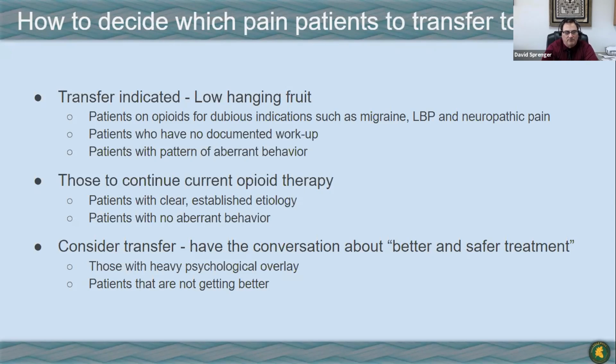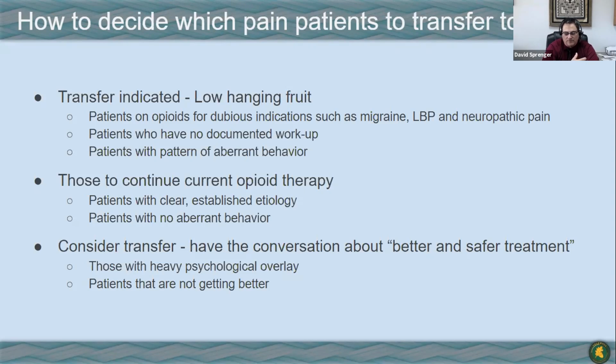Those people, you might want to put off to the side, and maybe just continue their opioid therapy. And then there's some folks in the middle, so that you might want to consider a transfer to buprenorphine, and you want to put it in the framework of a better, safer treatment for them.